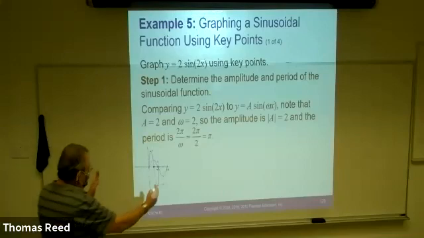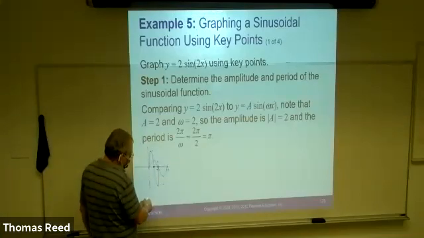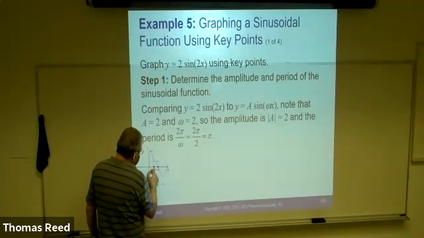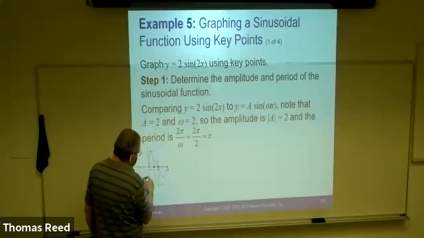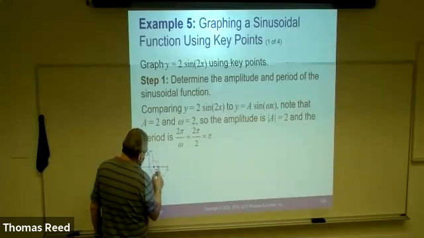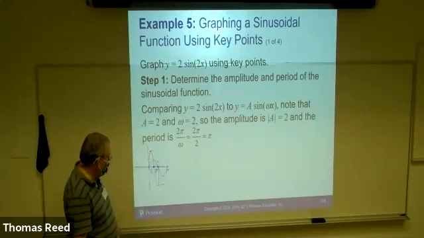And so it's just been squished this way. And then at the quarter pies is now where we hit our maximums and minimums.